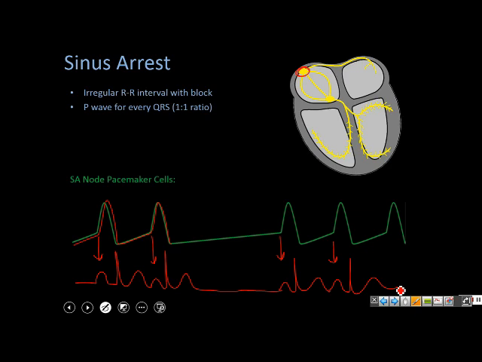Now, how do you tell this, because on the ECG tracing you don't see the pacemaker action potentials like this. So how would you tell? Well, in sinus exit block, you're missing exactly one complex. So with each one of these, you would see exactly one missing.